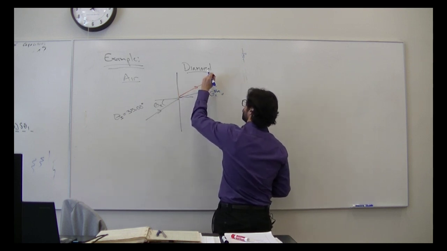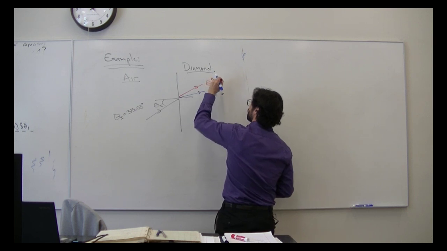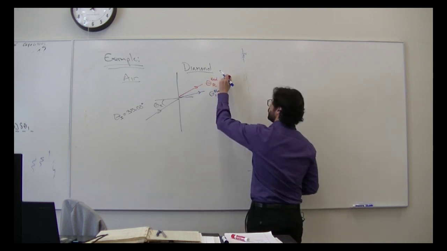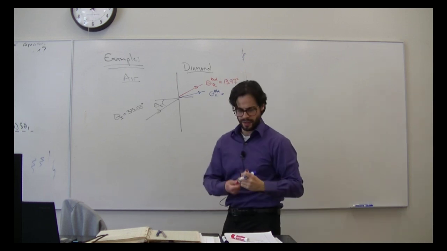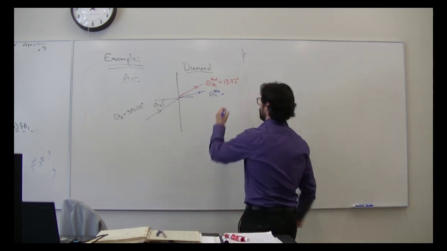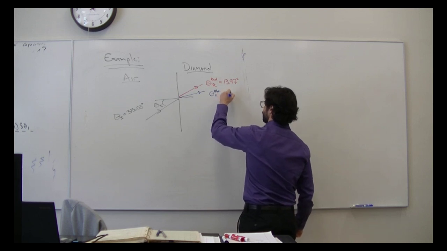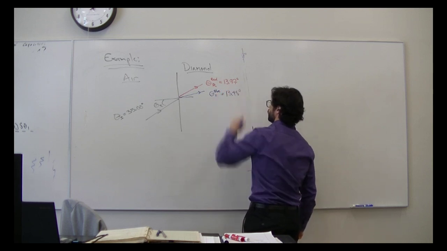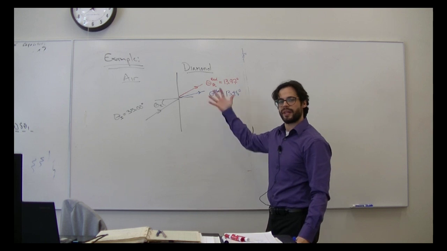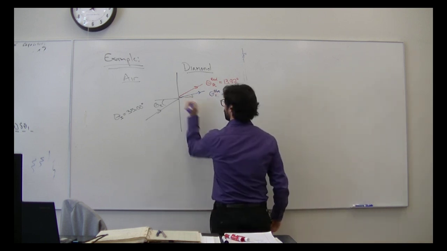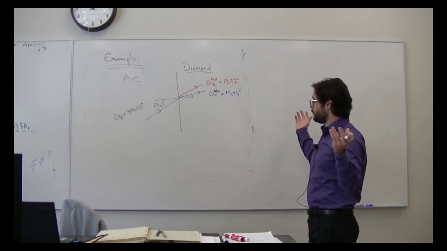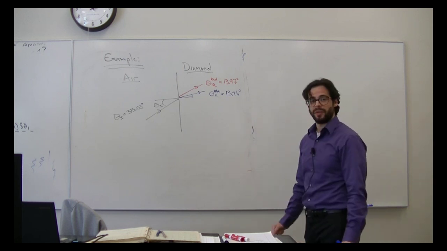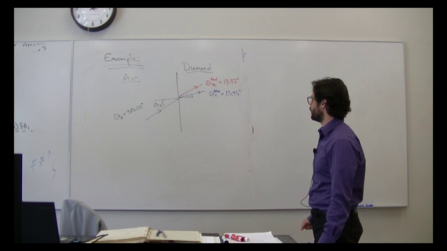So the refracted angle for red. And it turns out maybe this is 13.77 degrees, and it turns out that blue might be 13.48. So this would just be a pure measurement. Like I'm measuring this and I want to find out what the index of refraction for blue and red light are. And that's it. It's just multiple instances of the stuff that you already know how to do.